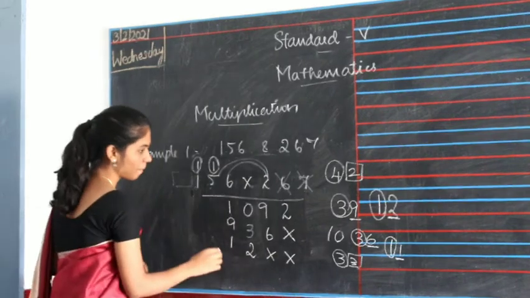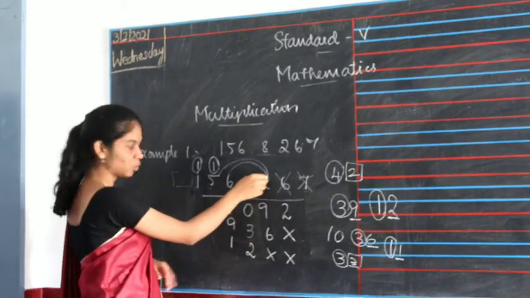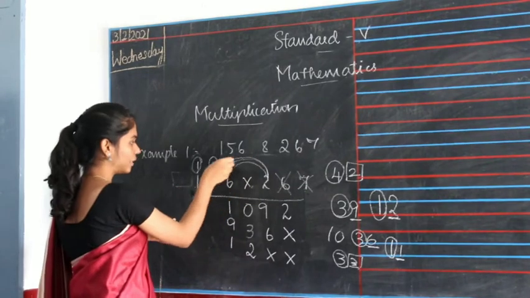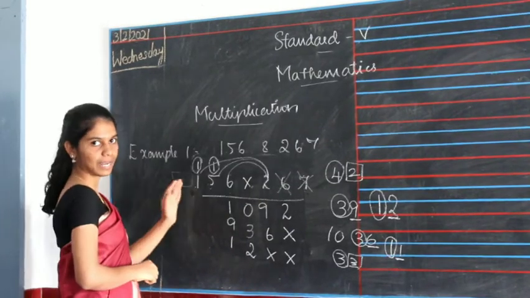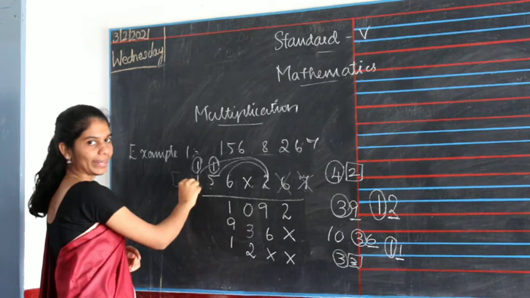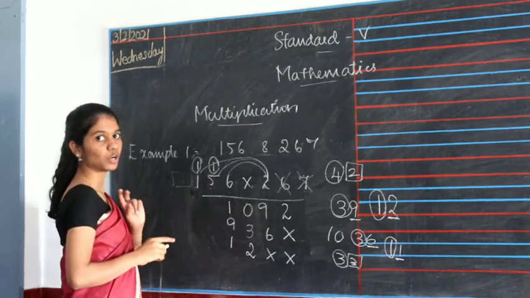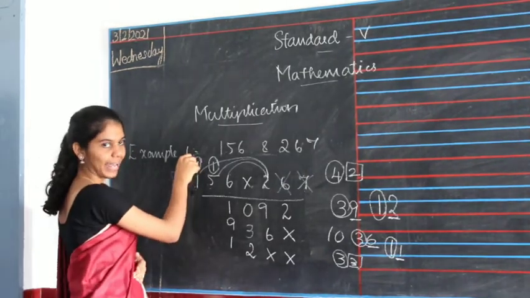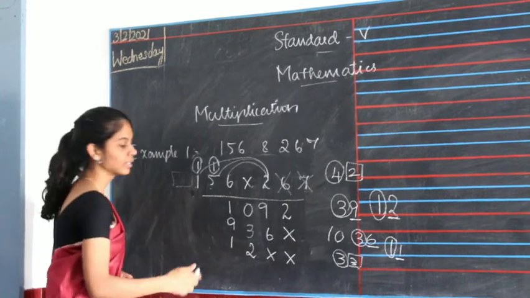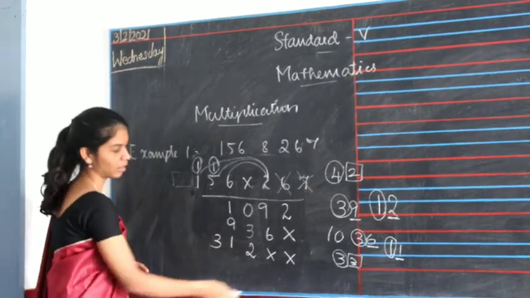Now here you have 2 and here you have 1. 2 is multiplied with the last number, which is in the hundreds. So 2 1s are 2. 2 plus 1, the carry, is 3. That you will write here.